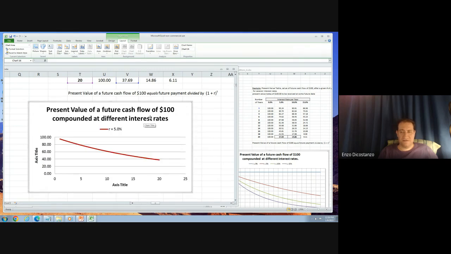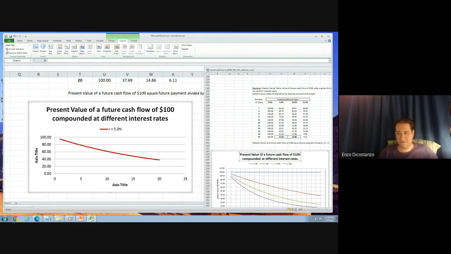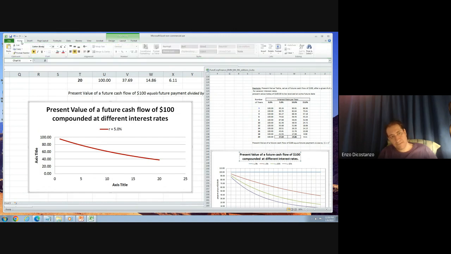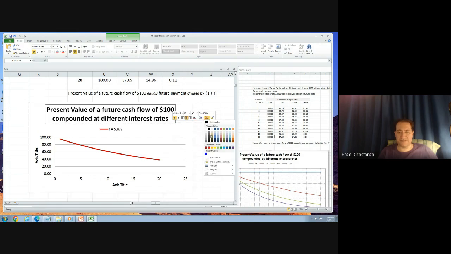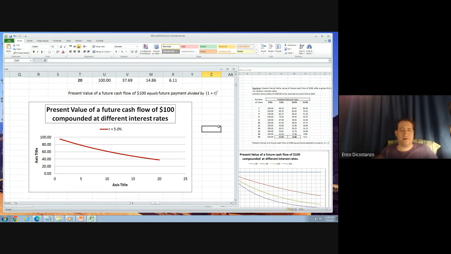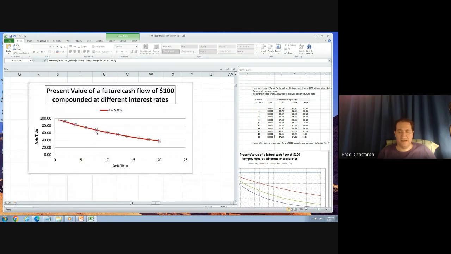Right. See? Yeah, these are 18. Whatever. And you want to put a border around this. Do a nice gray border or something like that. Okay. So what did we do with this? We did the number of years for 5%. And then we could do the same thing.